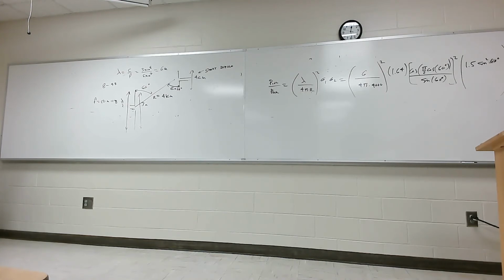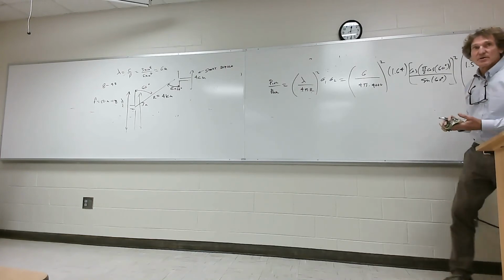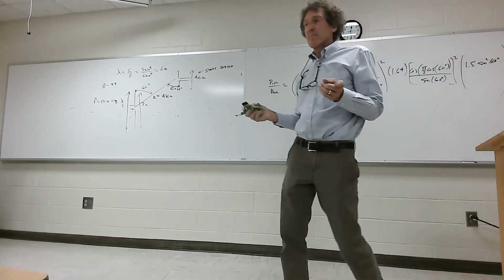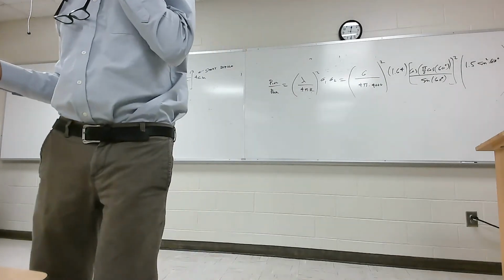I got 17. 17 point something? 17.5. It's not nanowatts, it's just a ratio, so it's 17.5 times 10 to the minus 9. It's a power ratio. Is that the right answer? Can anybody tell me? Yes? Good. But that's how you do that.